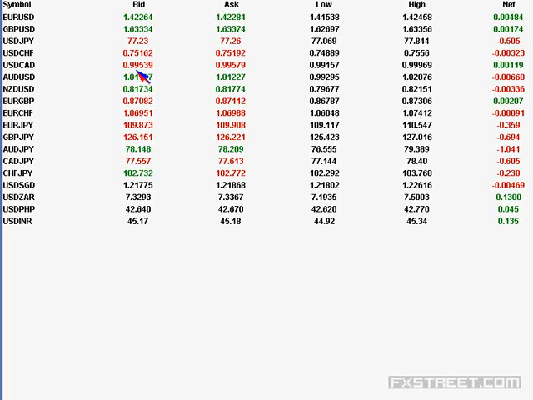Canadian dollar is showing around 0.9953, 0.9957, 0.9915 is the low, 0.9996 is the high, 4 pips short of the parity, and it is showing 11 pips positive net change.